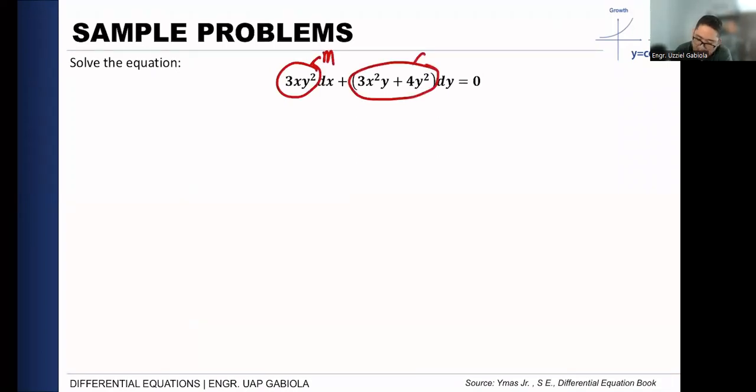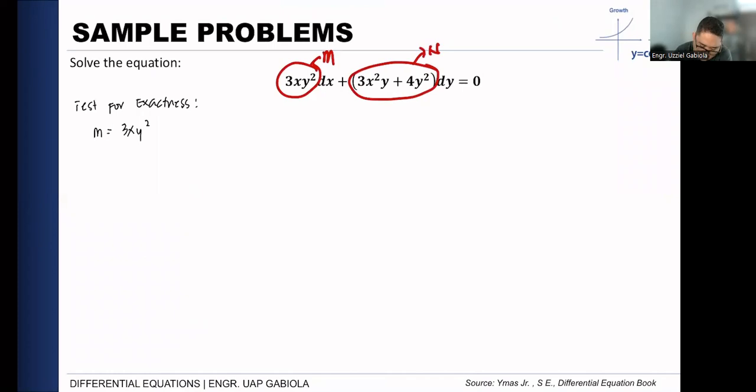Okay? So, laging una mong perform is yung test for exactness, no? So, partial ni m muna tayo with respect to y. Laging kay y ang kasama ni m, ha? Para sa partial derivative. So, m natin is equals to 3xy squared.